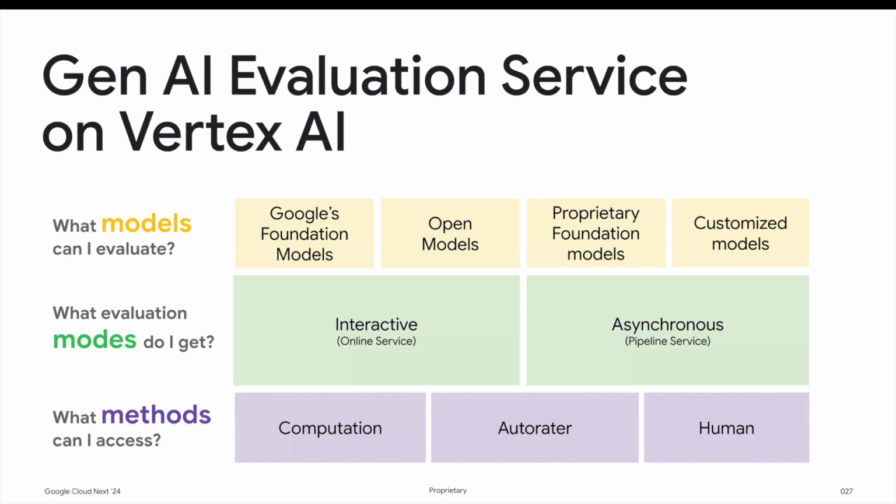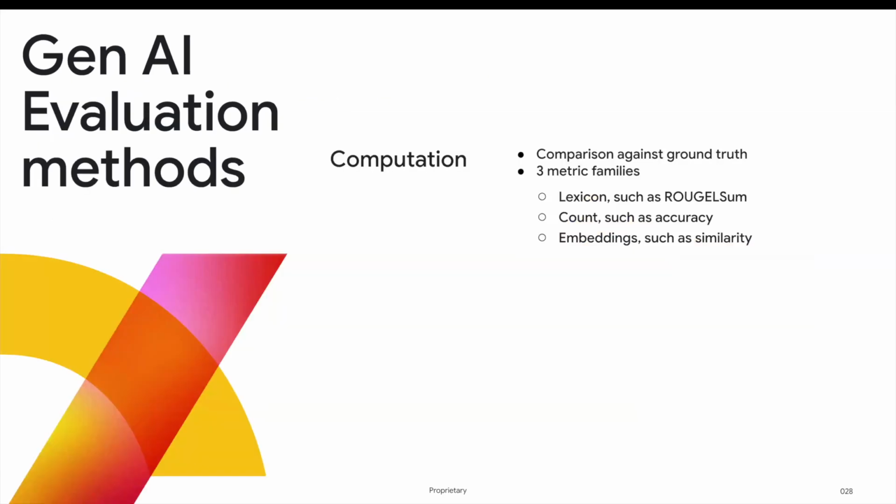And then the various evaluation services that we provide, and kind of what you should have, is a computation-based evaluation, an autorater-based evaluation, and a human evaluation, right? So what exactly are these? When we talk about computation, it obviously means you need to have two parts to evaluate, right?